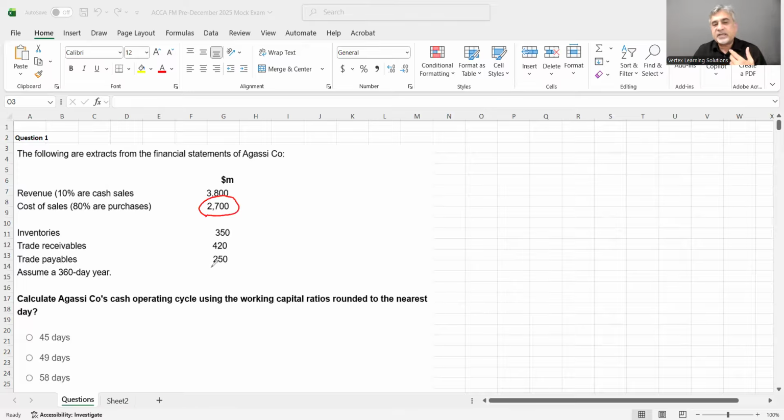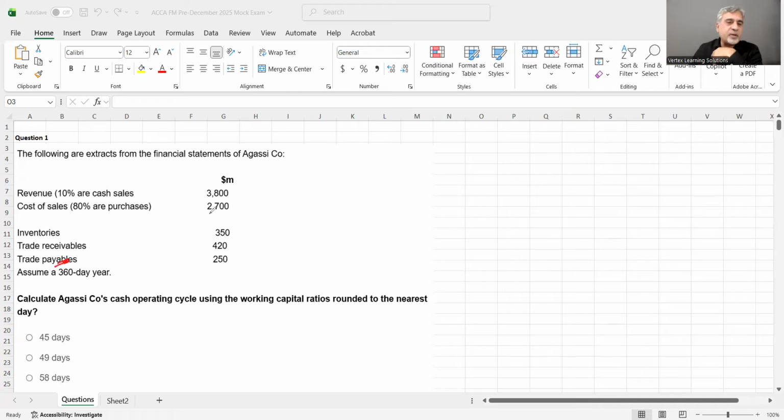So the cost of sales I'll take in full for inventory days. When you talk about inventory days, you talk about the total cost of the inventory. But payable days are only about the purchases, the money which you owe to your supplier.